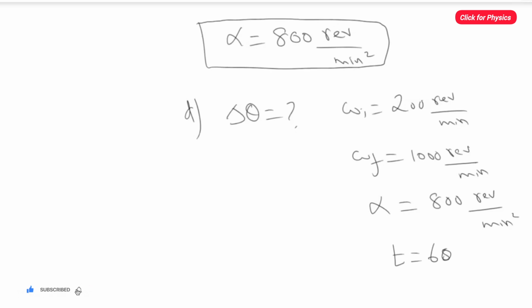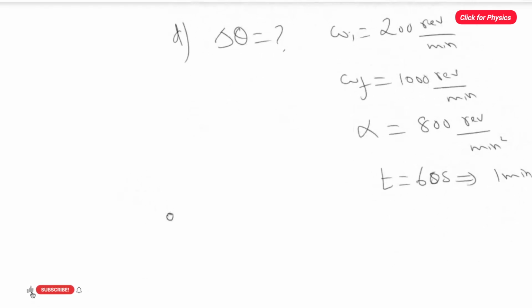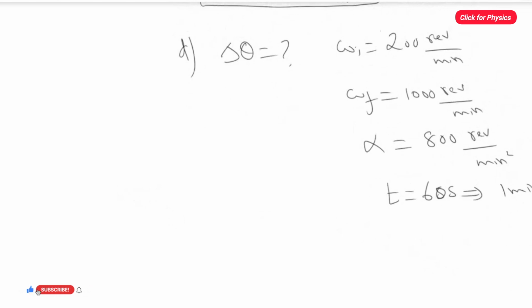So 60 seconds is equal to 1 minute. So now for finding this delta theta, we have to use the second equation. What is our second equation? So our second equation is delta theta is equal to omega initial multiplied by t, plus half alpha t square. This is the equation, second equation.